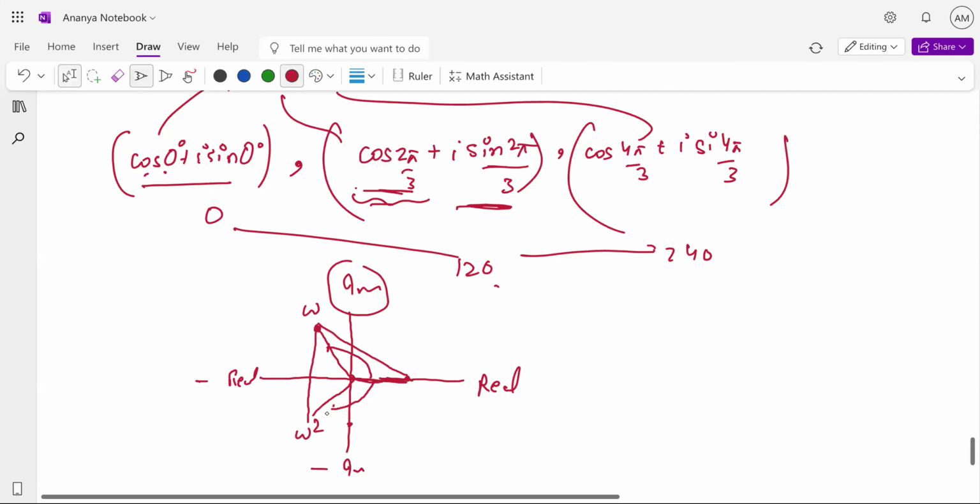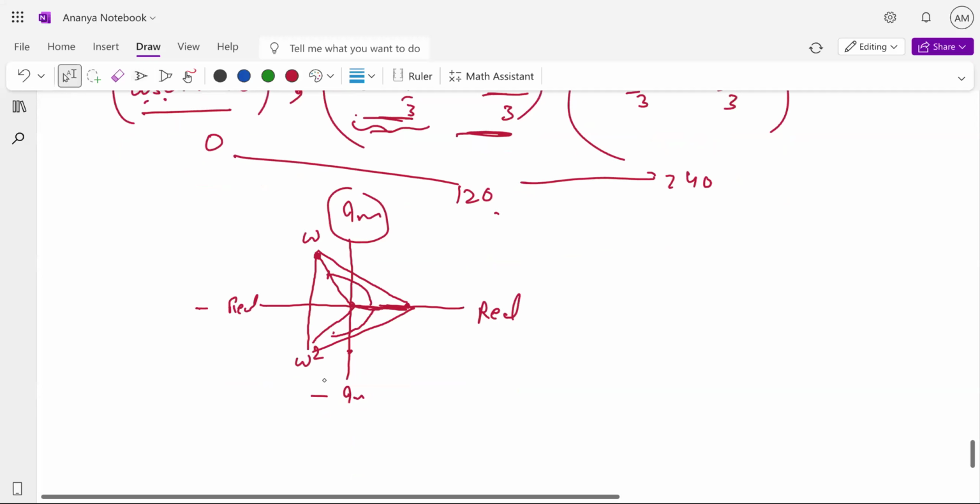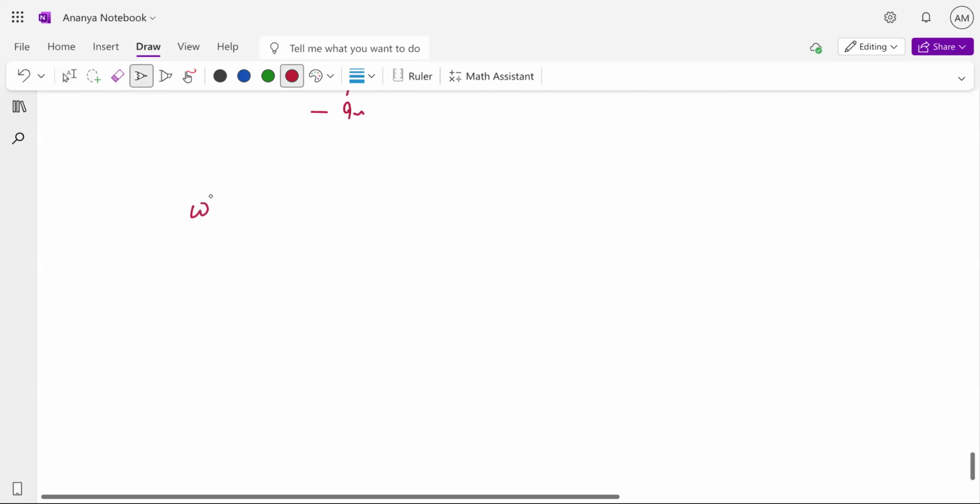So what my final result is, apart from this, if you have something like x to the power n equals 1, what will be the roots? The roots will be 1, omega, omega square, till omega to the power n minus 1.